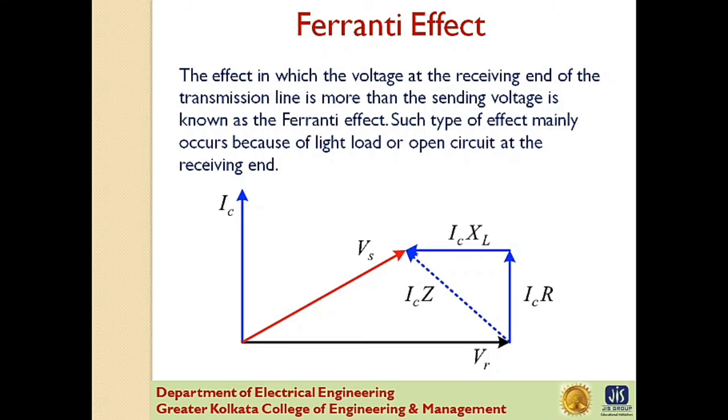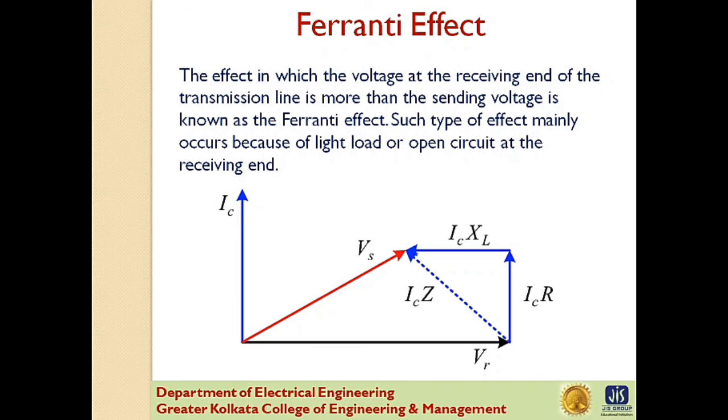Now in general we know that for all electrical systems, current flows from the region of higher potential to the region of lower potential to compensate the electrical potential difference that exists in the system. In all practical cases, the sending end voltage is higher than the receiving end voltage due to line losses, so current flows from the source or the supply end to the load.